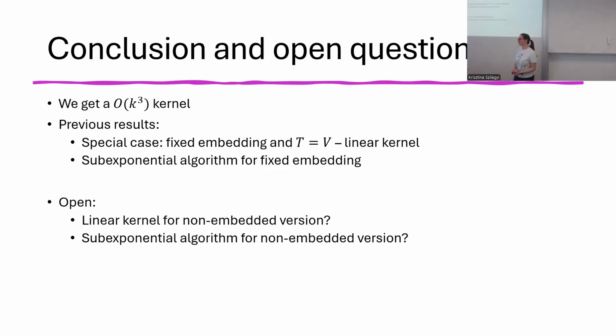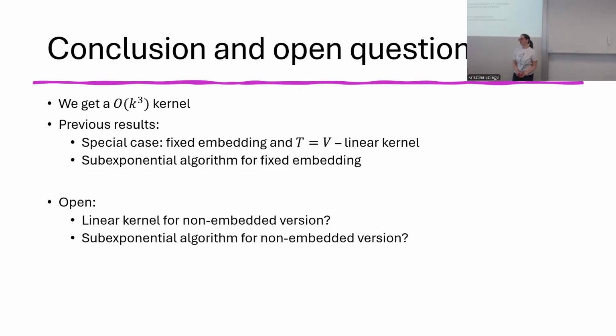It's interesting to note that in the special case where we are working with a fixed embedding and all the vertices are terminals, we can get a linear kernel, not by our algorithm, but these are some of the previously known results. We also know from the literature that there is a sub-exponential algorithm for fixed embeddings for the face cover problem.